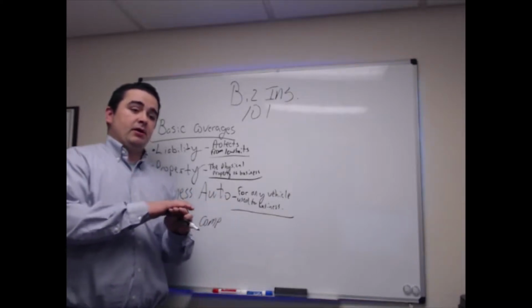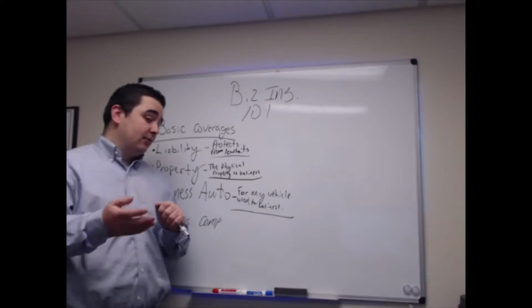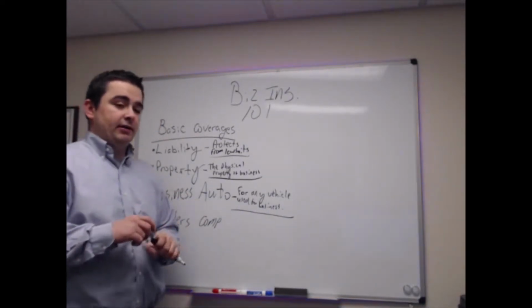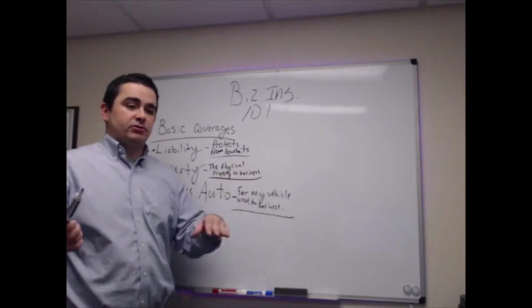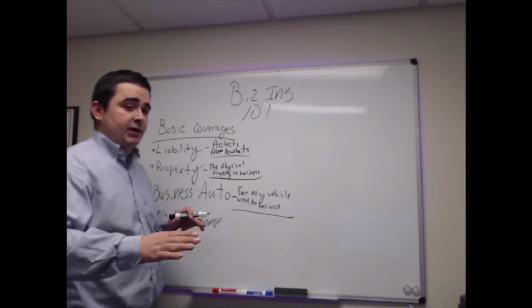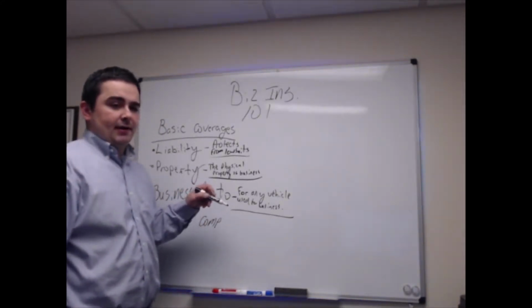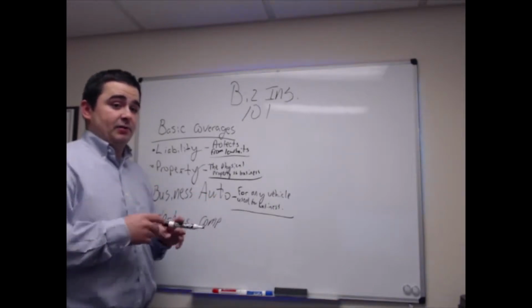Let's use this as an example. You hit somebody on the way to a job, and your insurance company finds out that you were working. Let's just say you have Travelers for a personal policy, and it's supposed to be a personal auto policy, no business coverage. They find out that you have a wreck on the way to a job, and you're using this vehicle mainly for business.